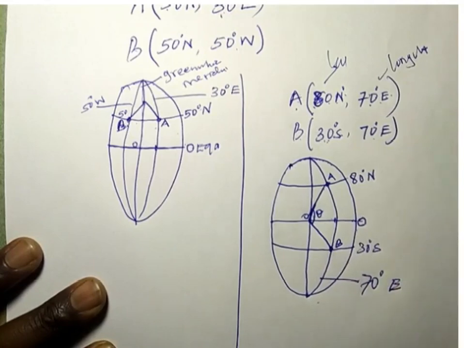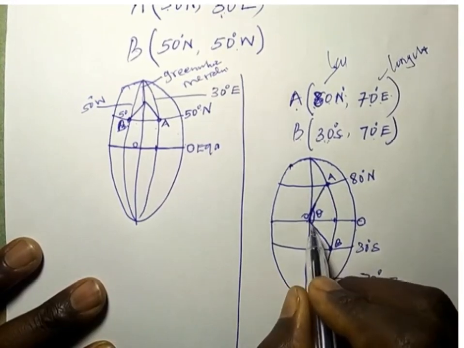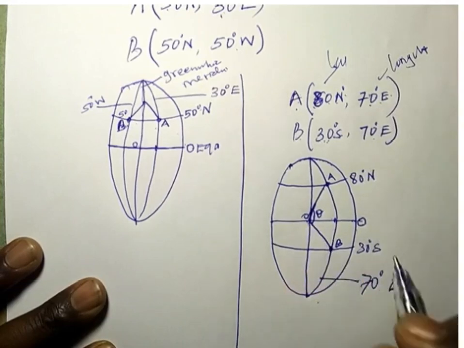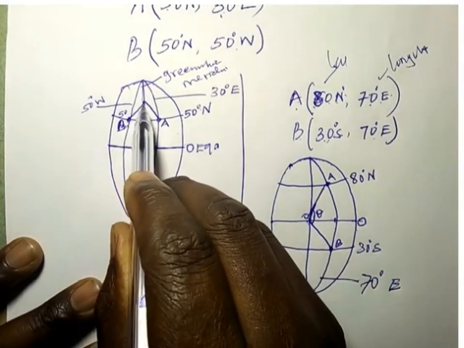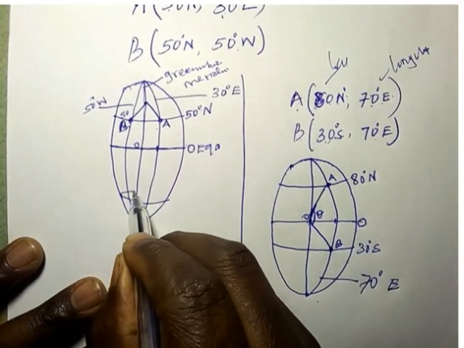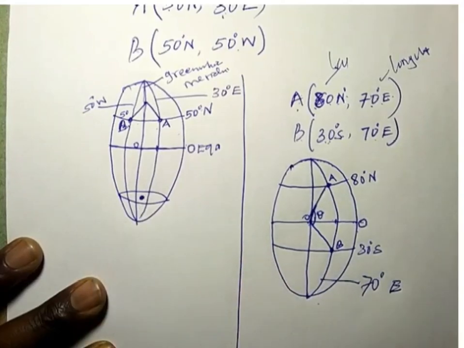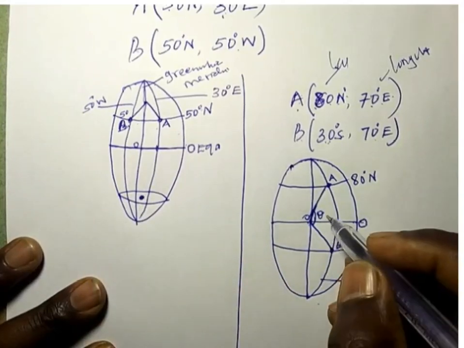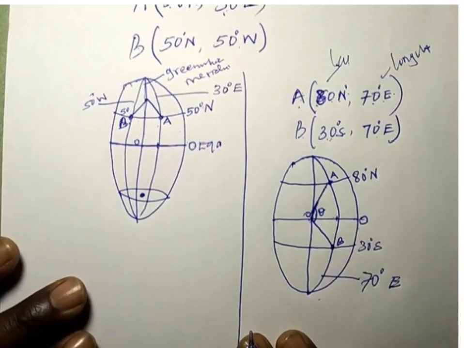For any great circle, the center is where the Greenwich and the equator meet. For a small circle, it is not the case. The small circles meet up there. If there is another small circle here, there is another there. So their center is here and not anywhere else. But for this one, their center is here. That is now important.